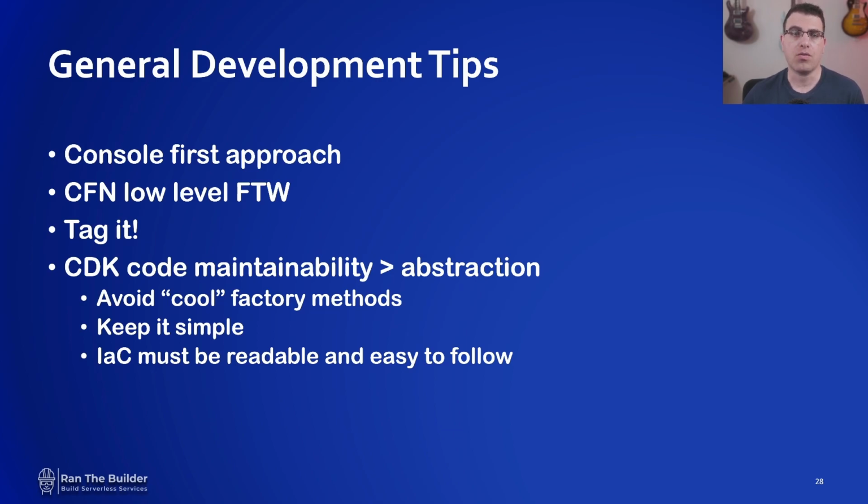Then it should be easier for you to write the lower-level CDK code to connect all the entities together. Sometimes, on the other hand, there is a higher-level construct, but it doesn't expose all the security options or configurations that you want to use. So you kind of have to use the CFN low level. Keep that in mind. You need to do a bit more work, but it gives you more configuration and flexibility.